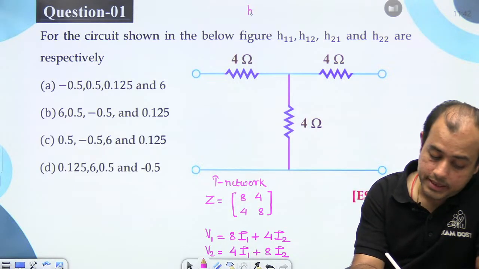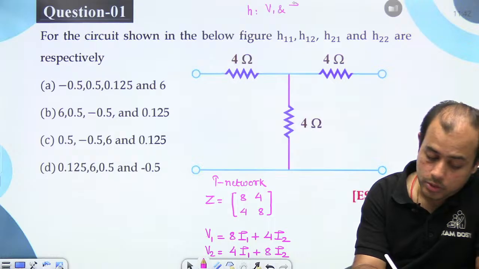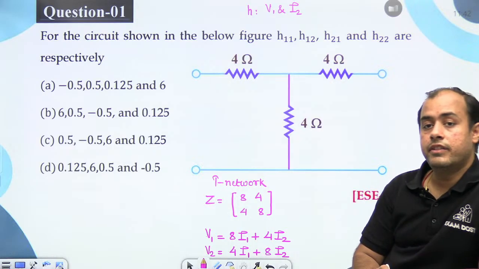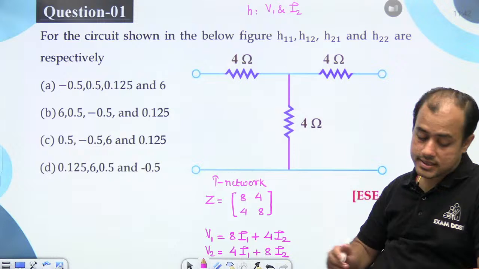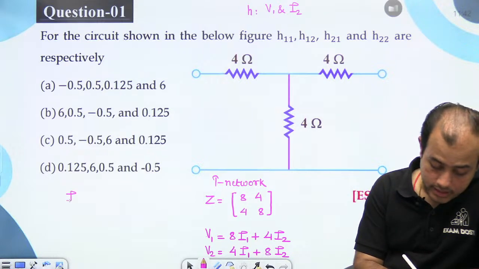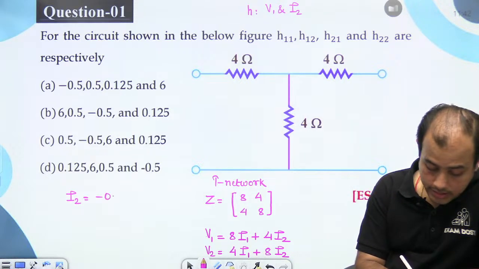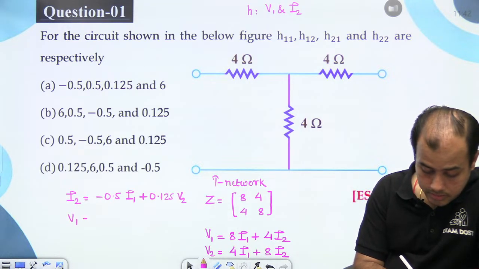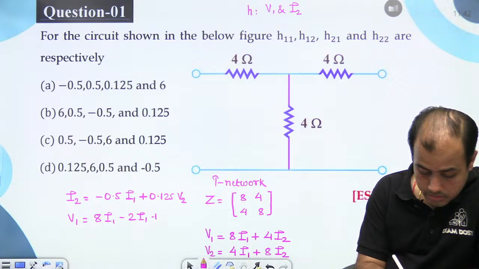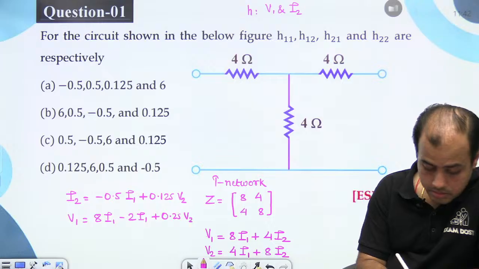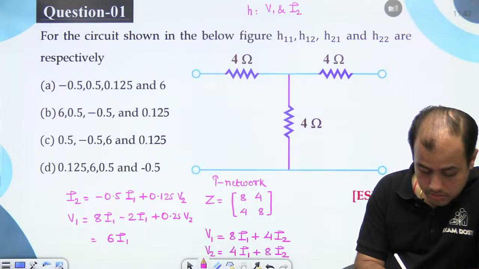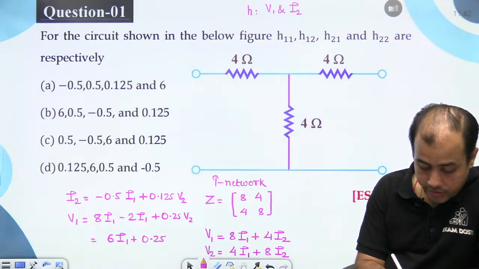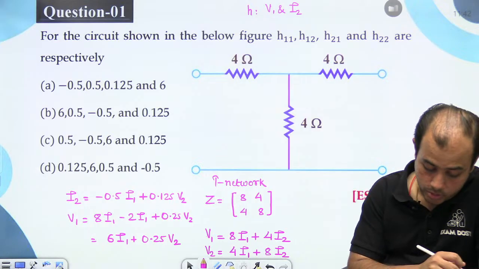In H parameter, we need V1 and I2. So from the second equation, I can tell that I2 is... now beta you have V1 and I2 in terms of I1 and V2.